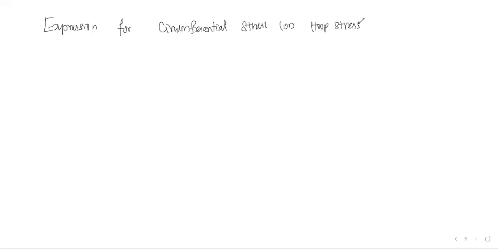So this is my circular section. I already said the stress acting in the cross section is called the circumferential stress.